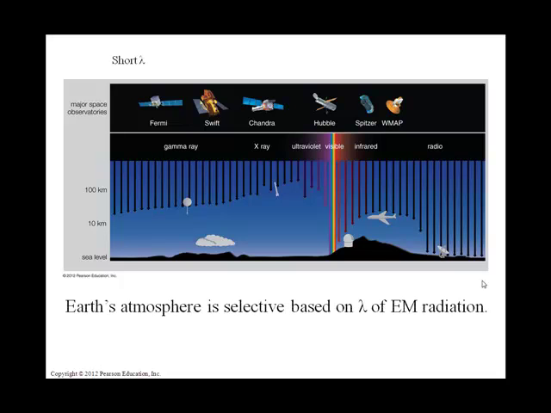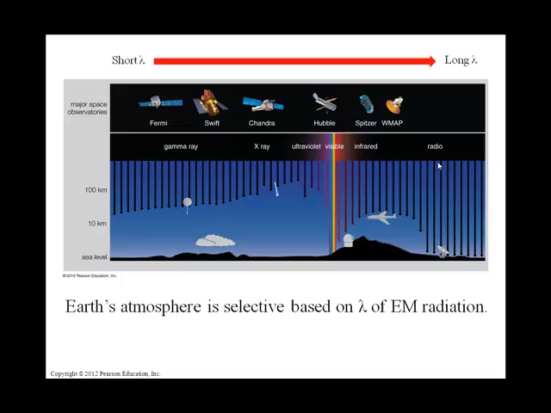So as far as trying to gather information in these various regions of energies, now we see gamma rays, from left to right, X-rays, ultraviolet, visible, and then longer than visible is infrared and radio. In order to gather information from celestial objects, we need to put telescopes beyond Earth's atmosphere.